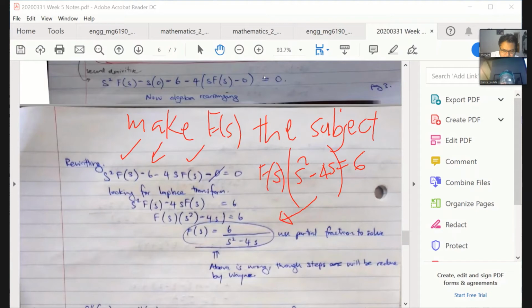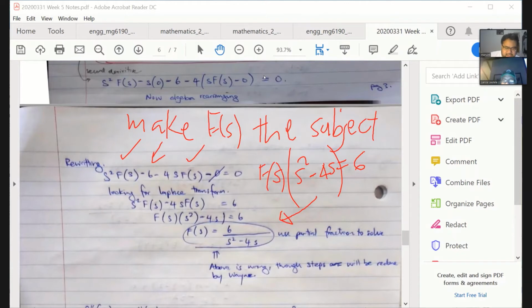Why do you say the above is wrong in your notes? I think Wayne made a mistake, but he said he was going to redo it and never really got around to it.